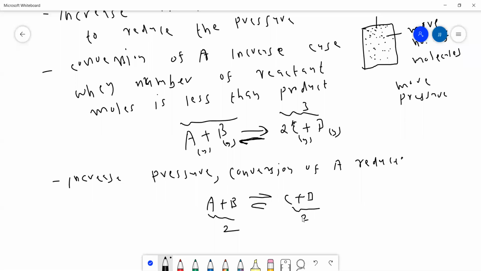So in this case the pressure is constant, and there is no effect of pressure on equilibrium, because the pressure remains constant.